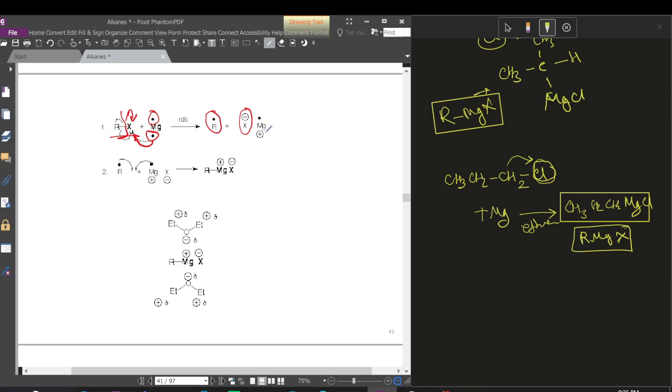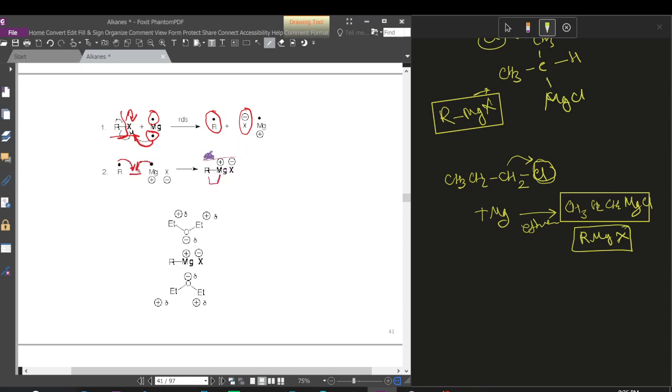And further we see that bonding will form between the alkyl and the magnesium, because in this reaction the alkyl group donates 1 electron, and the magnesium also donates 1 electron. So this will create a single bond between the alkyl and the magnesium.